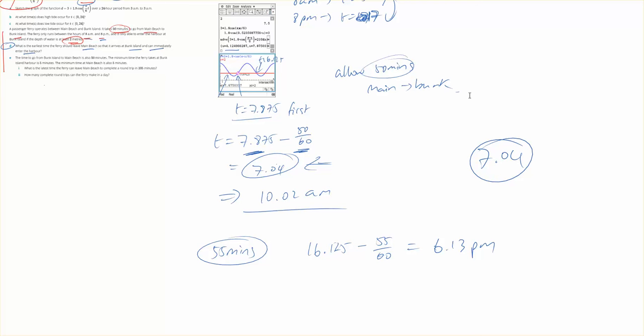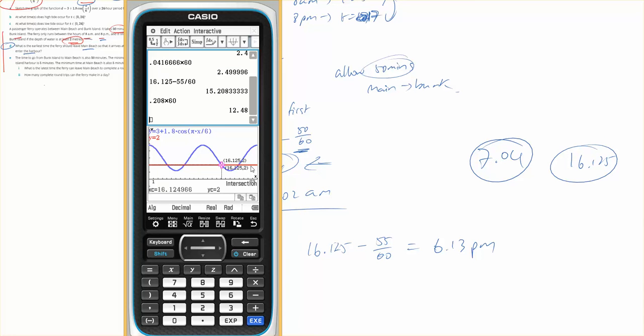How many trips can we fit in to a t deadline of 16.125? When we calculate that, 16.125 minus 7.04, we've got around 9 hours.